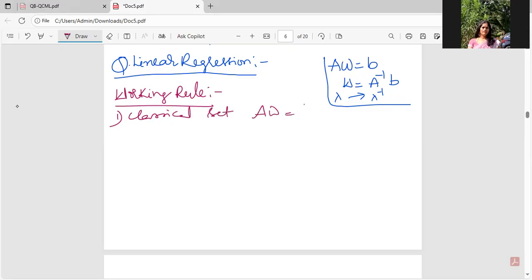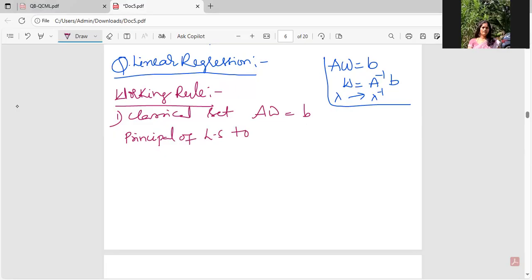AW = B. Of course, A and B I obtain from the data. We consider the normal equations to solve. For linear regression, I'll be using the principle of least squares to estimate the unknowns for the linear curve that I'm going to approximate.